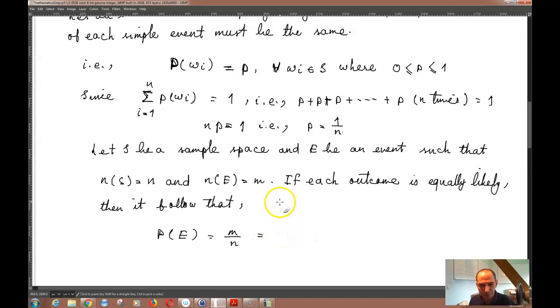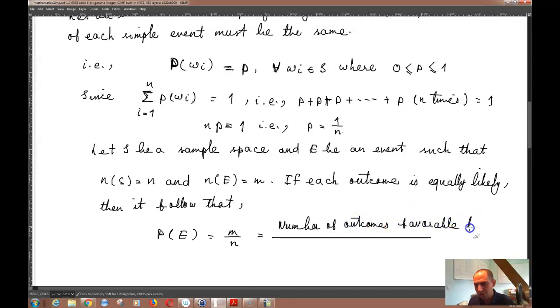So basically n of S is equal to n, and n of E is equal to m, and we have written this as m divided by n, which is the number of outcomes favorable to E divided by the total possible outcomes.